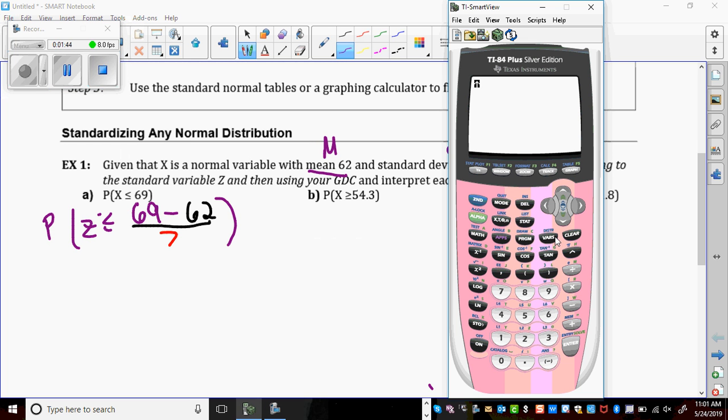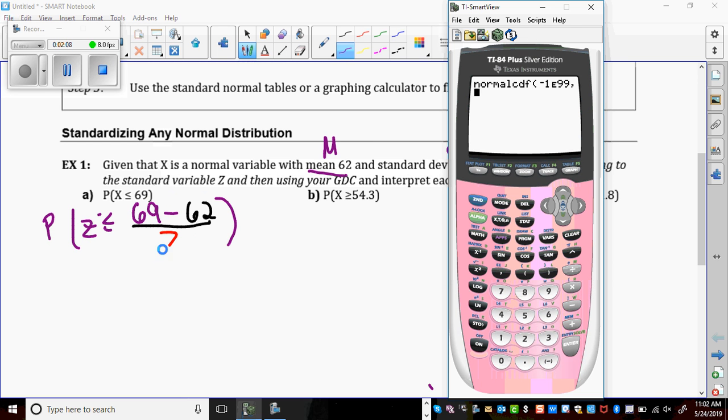So you're going to go to second vars, and we're going to press number 2 for normal CDF. And on my calculator, it doesn't have the next screen. On your calculator, it should have a different screen. But if you have a calculator like this, we're going to put -1 and then E99, which means negative infinity, comma.